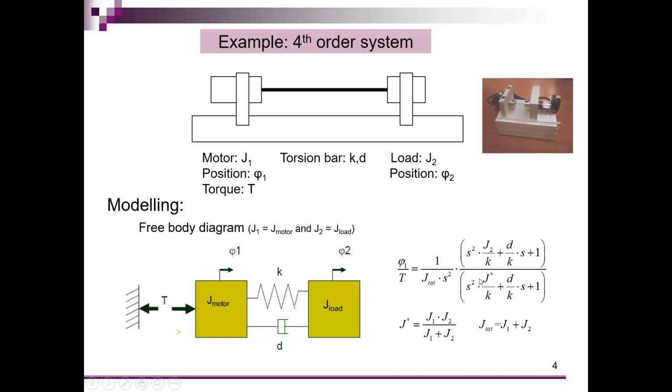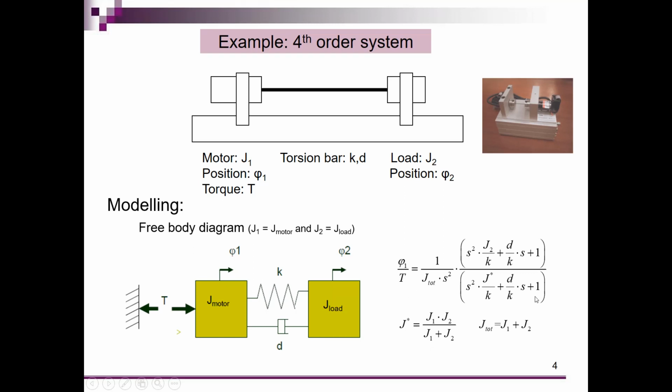The numerator is S squared times J2 over K, where J2 is the load, plus D over K times S, damping divided by the stiffness times S, plus 1. In the denominator we have a similar expression, but with J star, and J star is an equivalent inertia, equal to J1 times J2 divided by J1 plus J2.